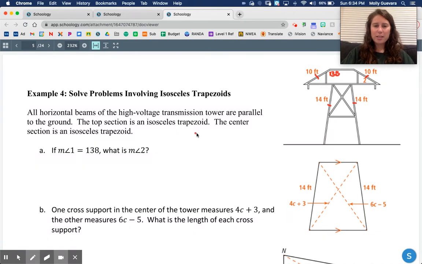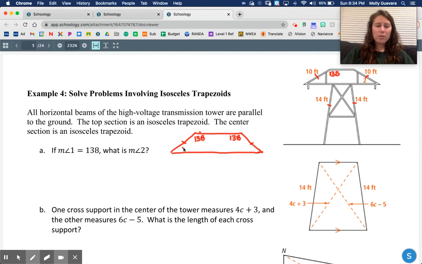So again, sometimes, at least for me, I find it's easier if I draw it out separately, right? So this is 138. And this is an isosceles trapezoid. So I know if that's 138, then that means that this is also 138.